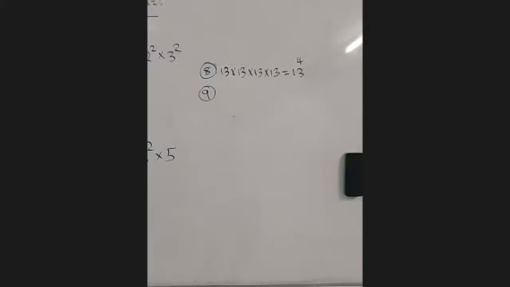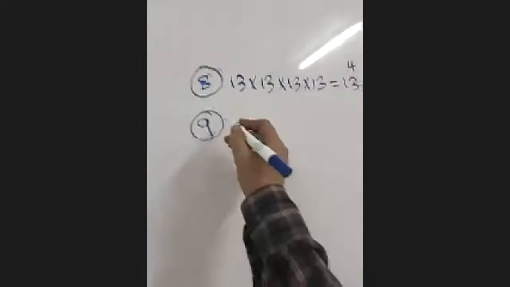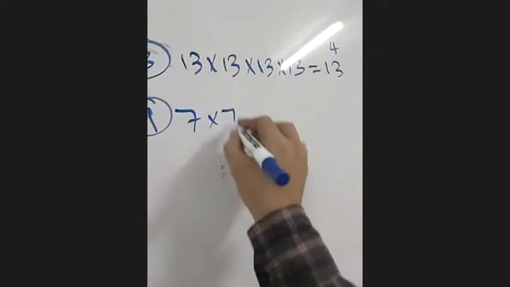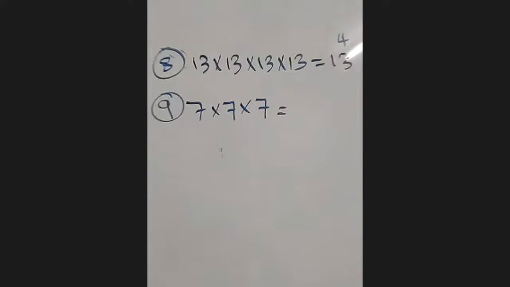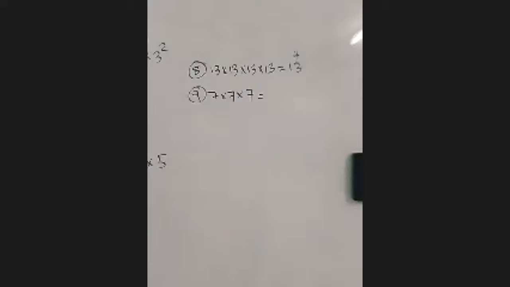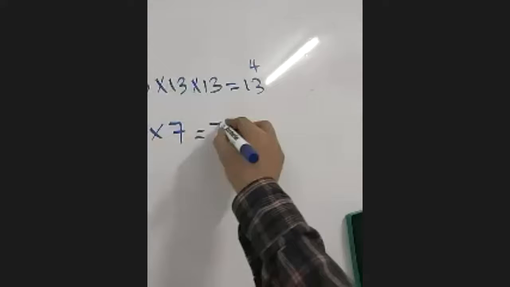Yalla, question 9. What do we have in question 9? 7 multiply 7 multiply 7. The answer is 7 to the power of 3. 7 to the power of 3.